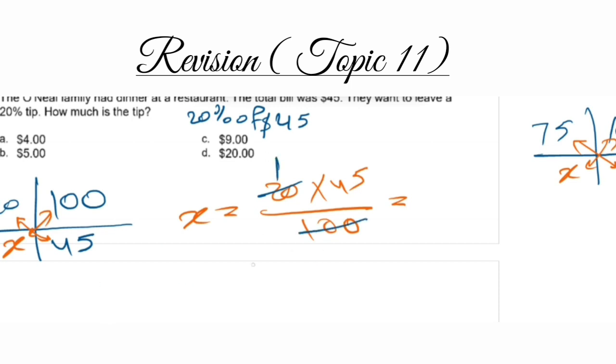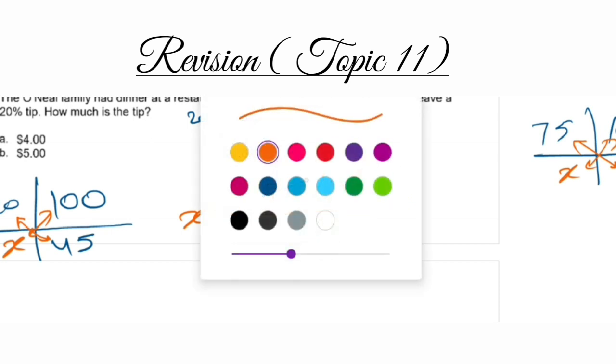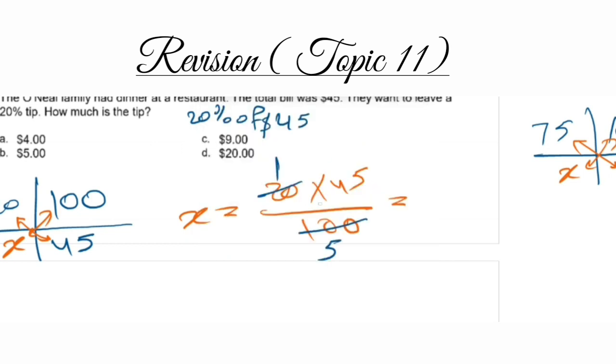And here also remove the 0, or divide by 20, it will be 5. And now 45 divided by 5 is 9. So the answer is 9.